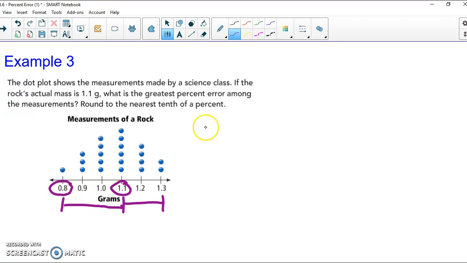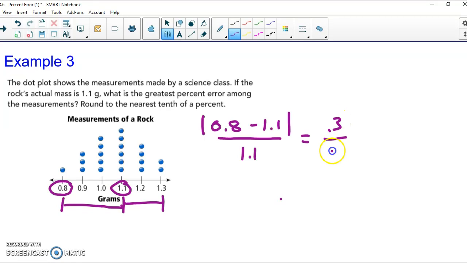So I'm going to do my percent error formula, and I'm going to take my estimated value, which if the rock's actual mass is 1.1, then the estimated must be the 8/10. And I'm going to divide the absolute value of that by the actual. So the difference between 8/10 and 1 1/10 would be a difference of 3/10. And when I divide that by 1 1/10, I get 0.27 repeating.